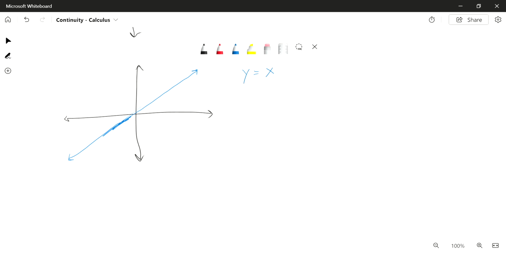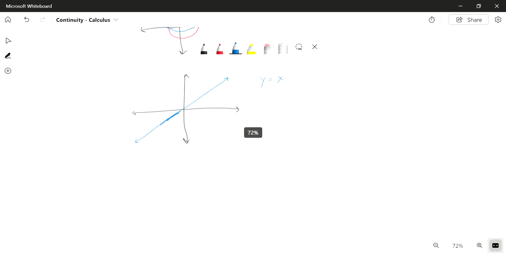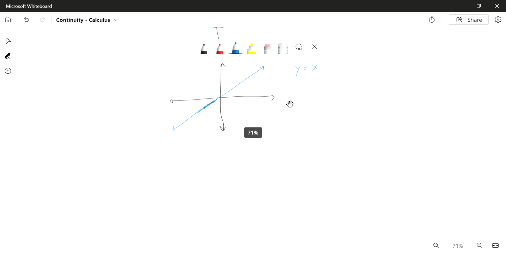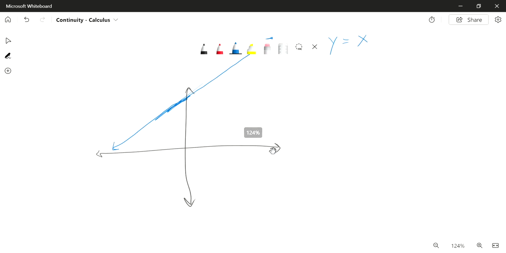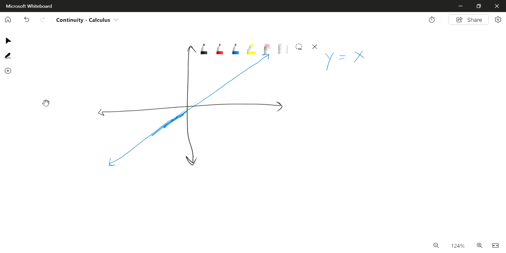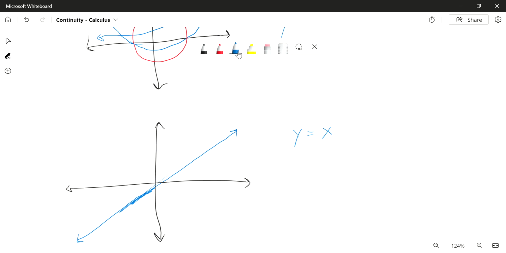It might be a poor example, but just to prove my point, I will draw another parabola, y is equal to x squared. I did not have to lift up my pen for this, meaning this is also continuous.